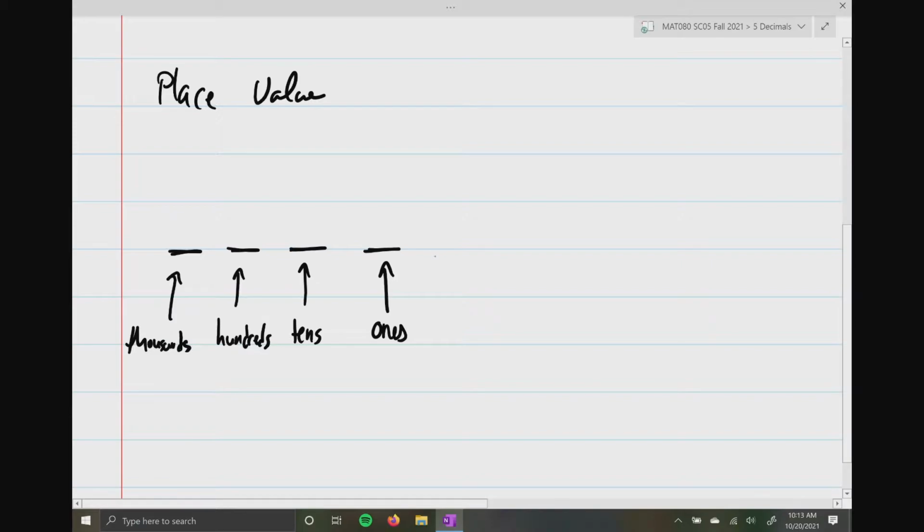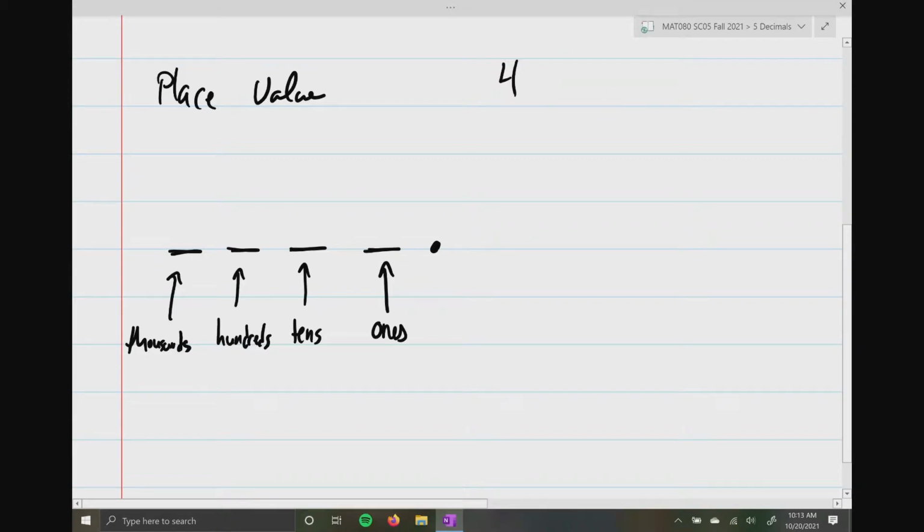The decimal is always on the far right-hand side of any whole number. So even though I may write the number 4, I can write that as 4.0. In fact, I can write it as 4.00 or 4.000, and I can keep using as many zeros as I want. Now, that doesn't make sense to keep writing zeros, so we just write the number 4, okay?